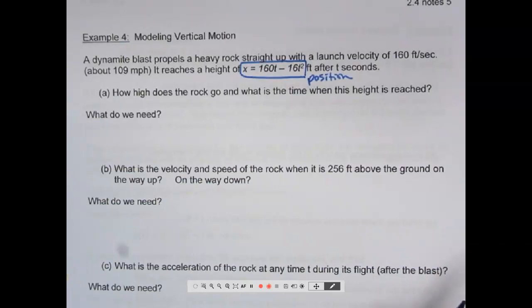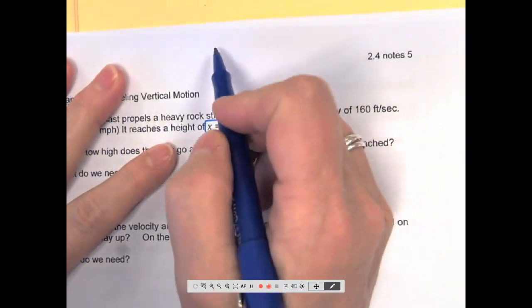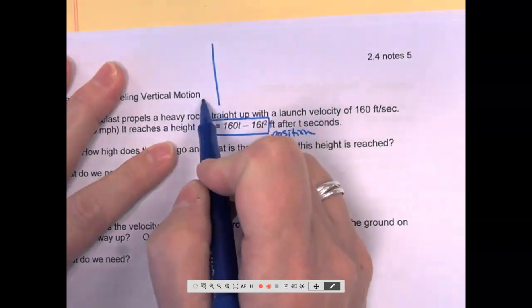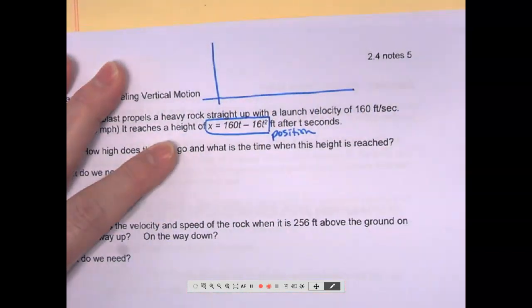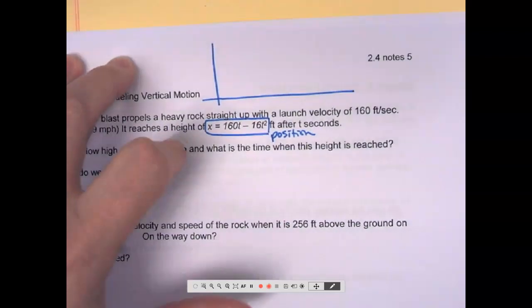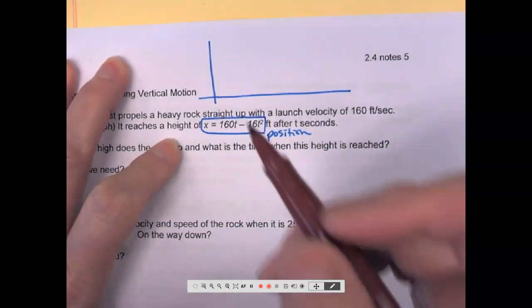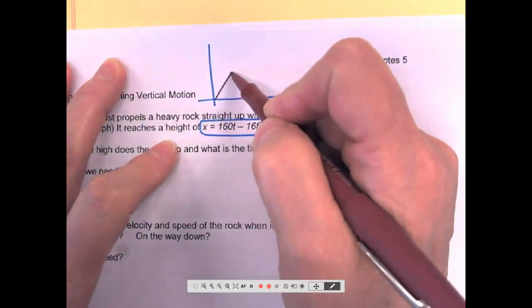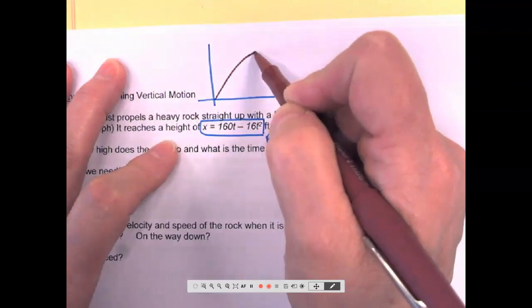Part A, how high does the rock go, and what is the time when this height is reached? Okay, picture what's happening up here. Is time going to be negative? No. Okay, so it's blasted, it goes up, but what happens?